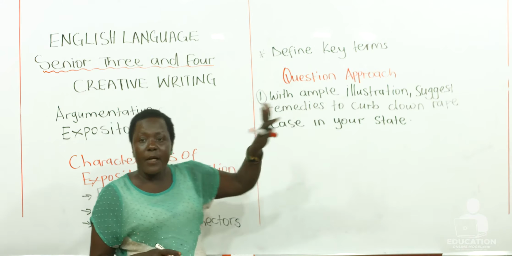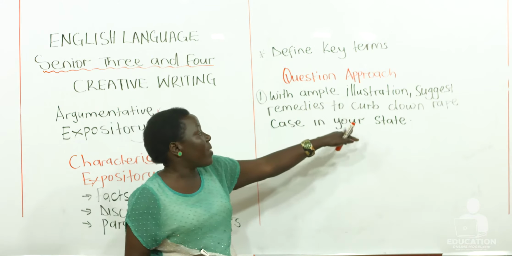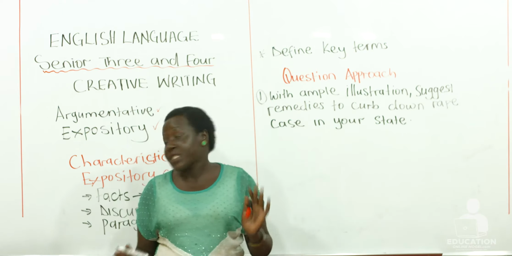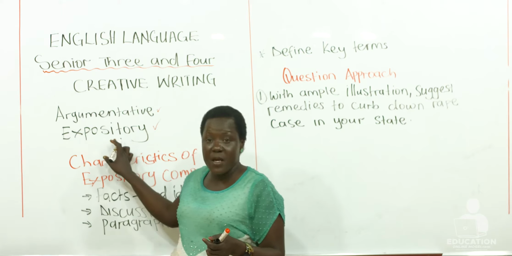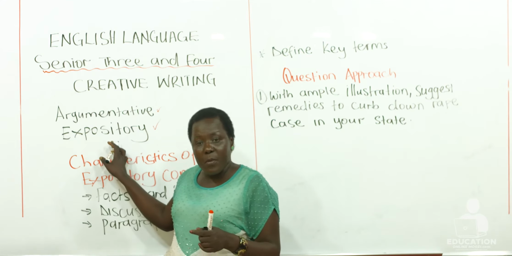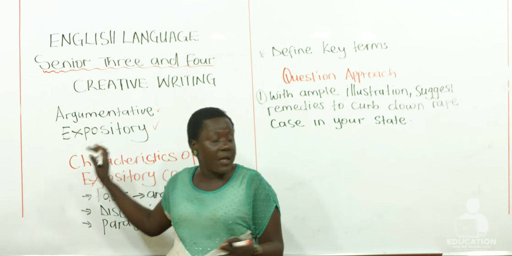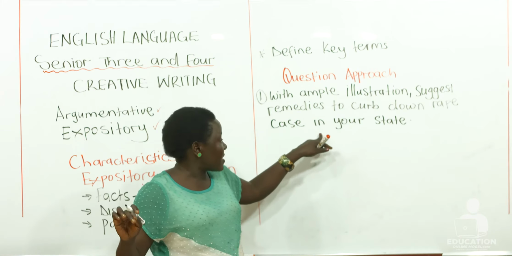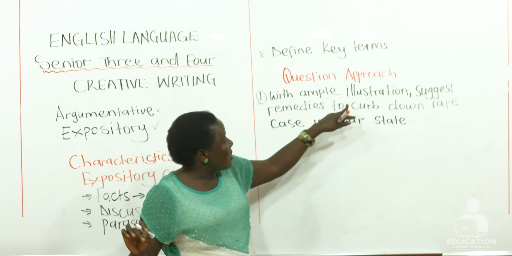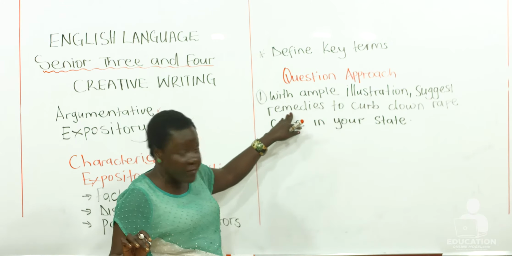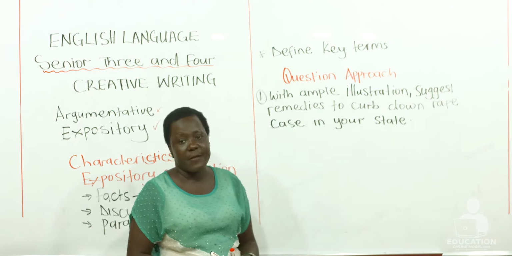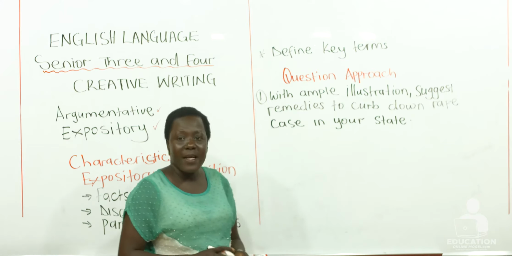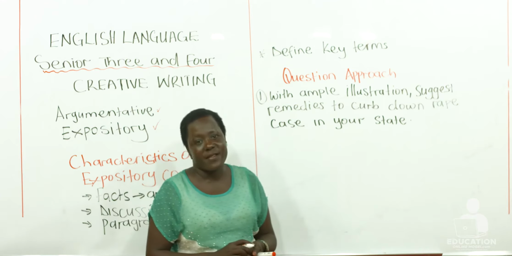Here, the composition question is talking about facts about rape. Now, there is already a given topic. We say that expository must be written about a given topic. Our case here, the given topic is rape or rape cases. Now, you will have to define the key terms first. For our case here, let us identify the key terms.